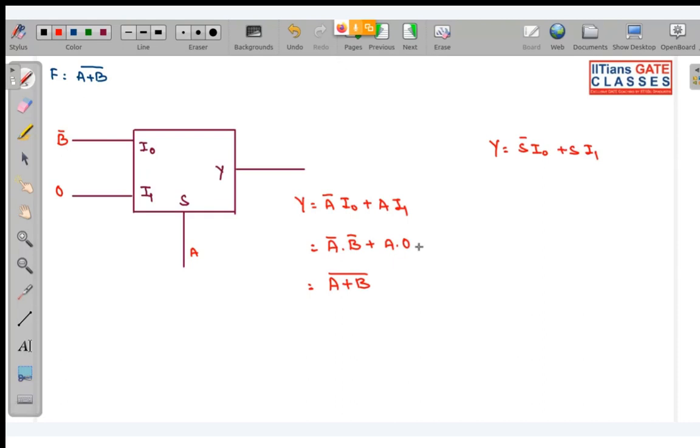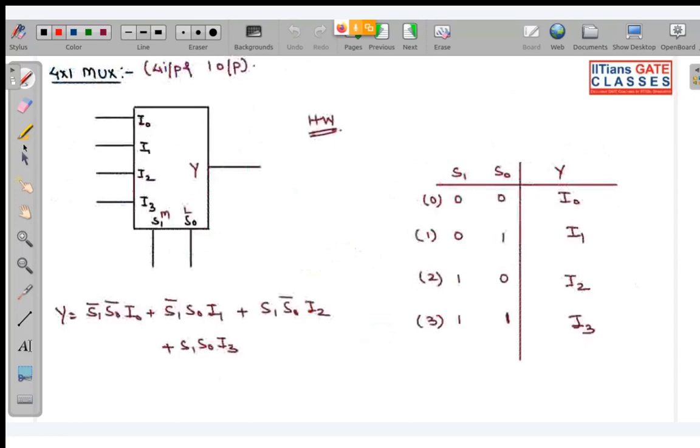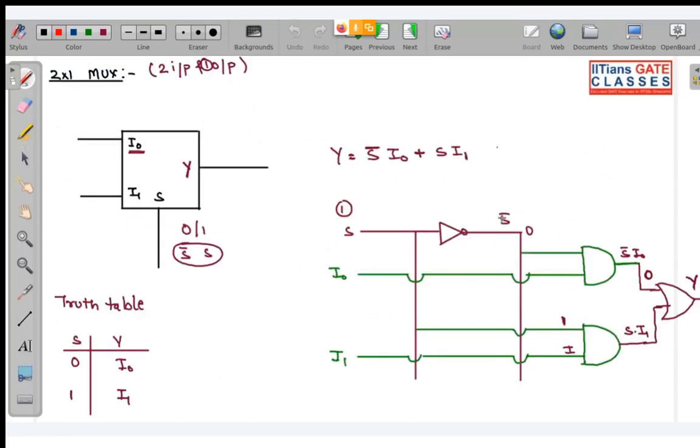See, you always have A, B, normal variables, readily available. But a complemented variable is not readily available. Look at the last example I had taken: the normal variable was readily available, but to take the complement I had to introduce one inverter.